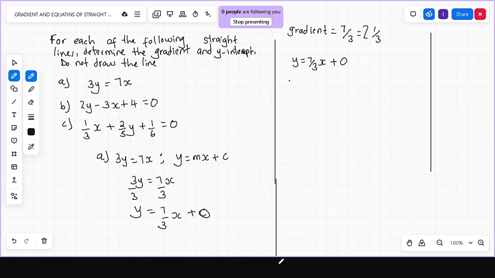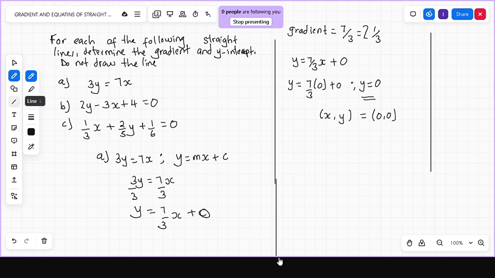This becomes y equals 7 over 3 into bracket 0 plus 0. So the value of y is equal to 0, so the y-intercept is 0. The coordinate is always in the form x comma y, so the answer is x is 0 and y is also 0. That is the answer to the first question.